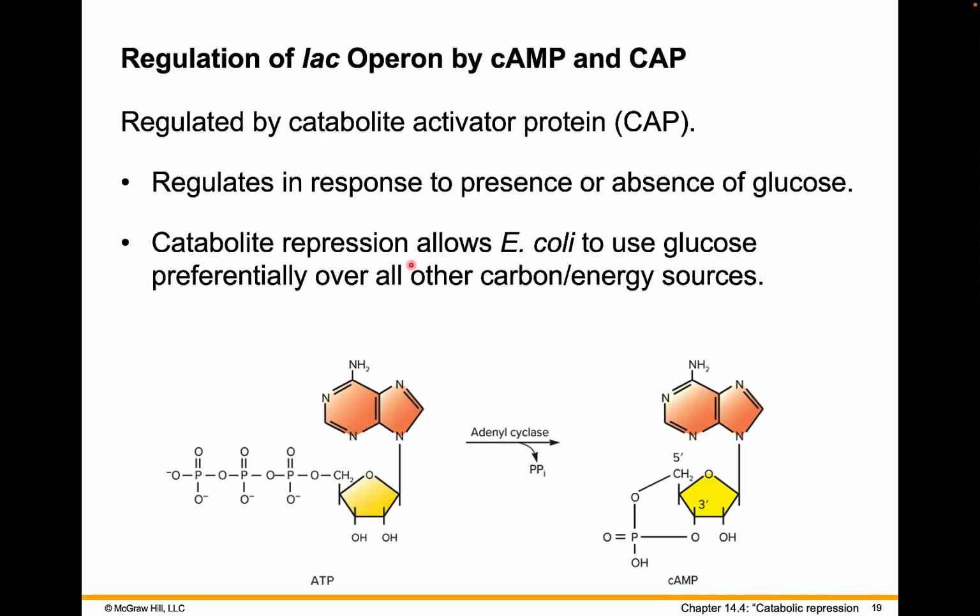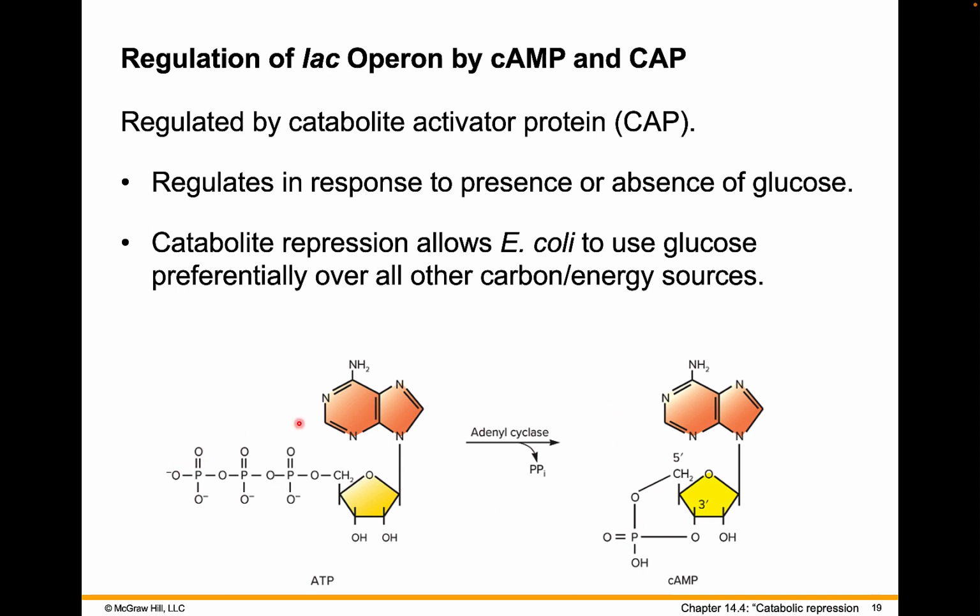And what is cyclic AMP? You can see that right here is the ATP. Here is the ribose sugar. This is the first carbon, and here is the adenine, and you have carbons 1, 2, 3, 4, and 5. It's a pentose sugar, and right here is the fifth carbon, and you have your alpha, beta, and gamma phosphates. This is your ATP.